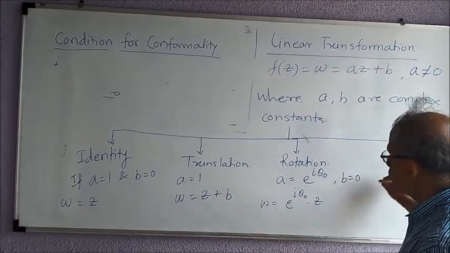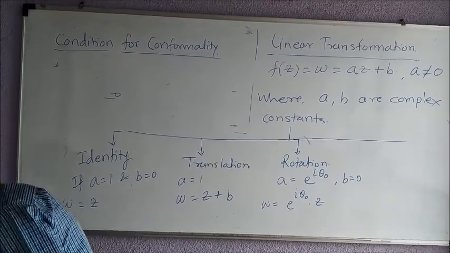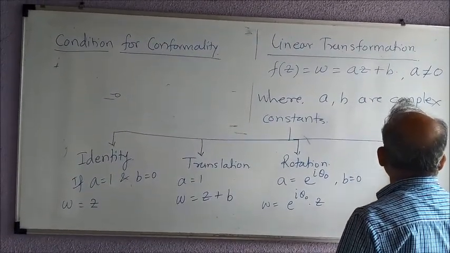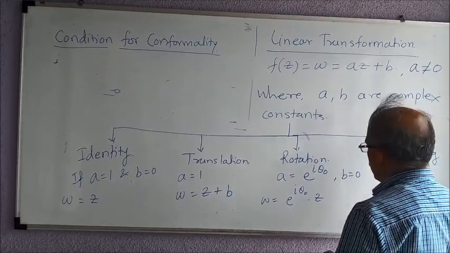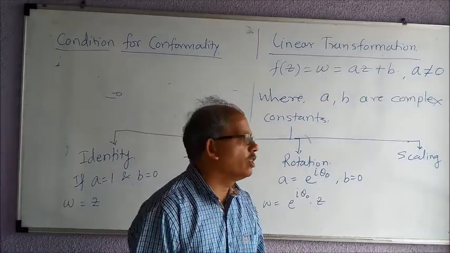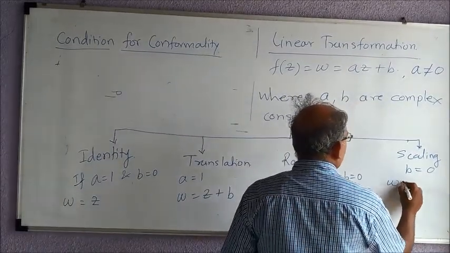Then there are more types. The next one is stretching or scaling. Scaling is obtained if I put b equal to 0, that means w equal to az.